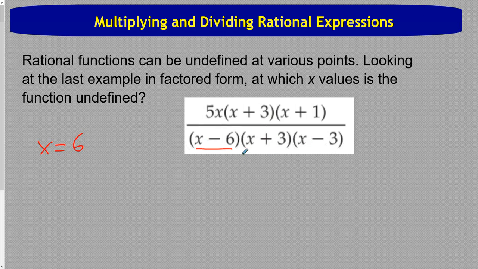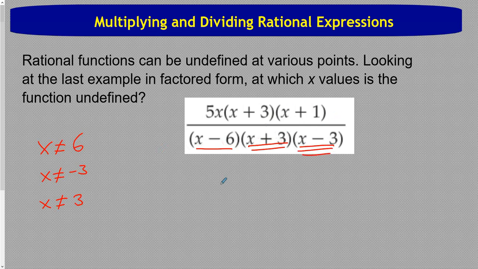So plugging in a 6 would lead to this entire thing being 0, and then I'm dividing by 0. So x cannot equal 6. X also cannot equal negative 3, because that would make this factor 0. For the same reason, we'd end up dividing by 0. And x can also not be equal to positive 3 because of this third term.